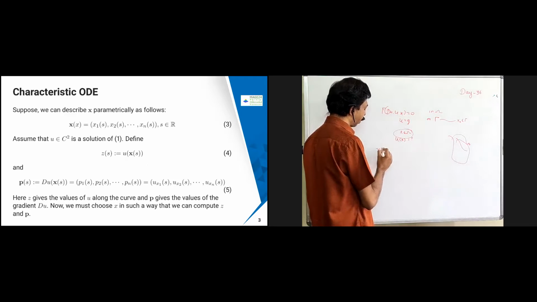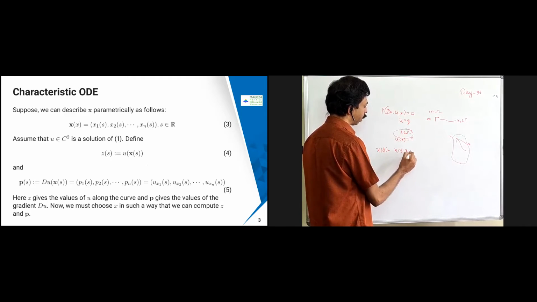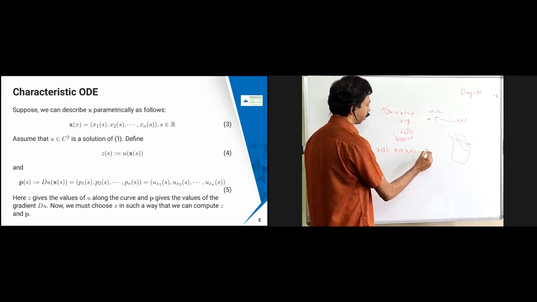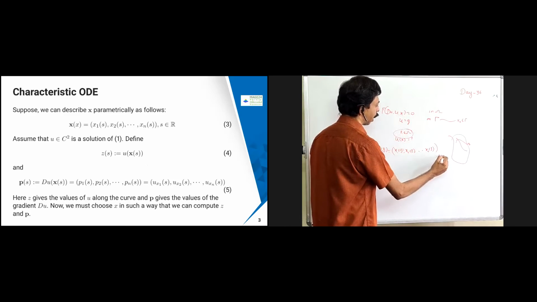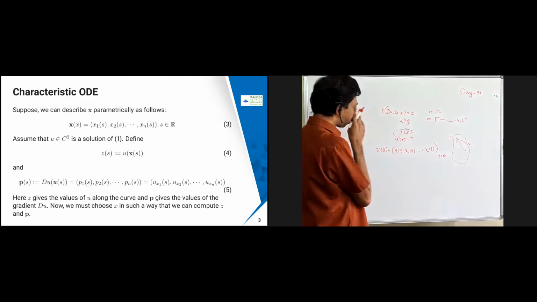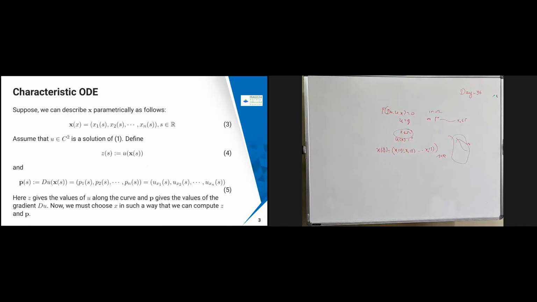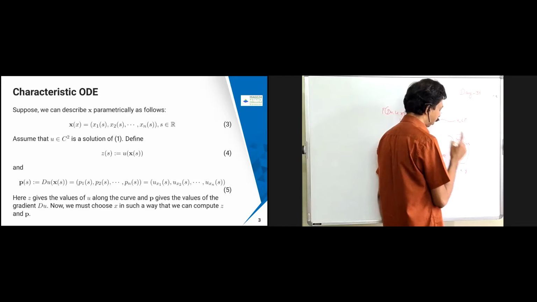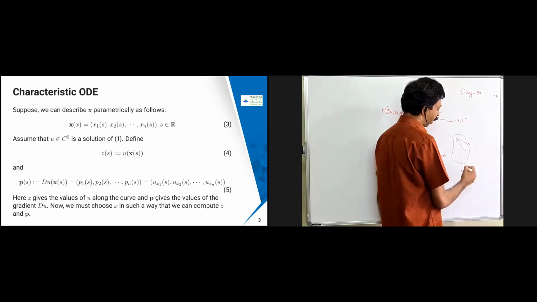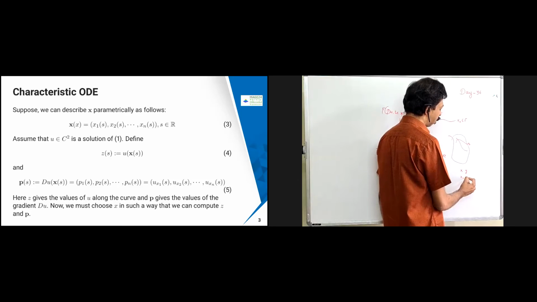So let's take x of s equal to x1 of s, x2 of s, etc., xn of s. Some parameterization I'm going to take. This parameterization you might have seen many times. For example, if I take x equal to (x, y) in the unit circle, then I can simply put x equal to cos t and y equal to sin t.